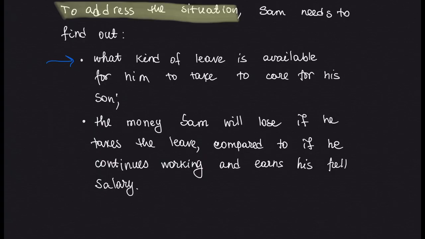The second thing that Sam needs to find out, and here the finding out is going to actually involve solving a mathematical problem, is the money that Sam is going to lose if he takes the leave compared to the situation where he would continue to work and would continue to earn his full salary. So this is more in terms of information. But this is posing a question.